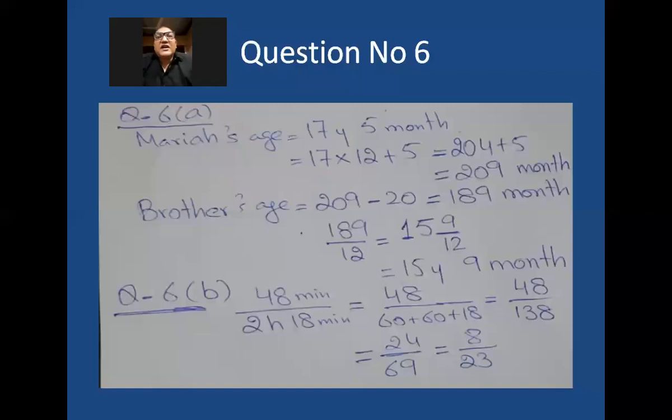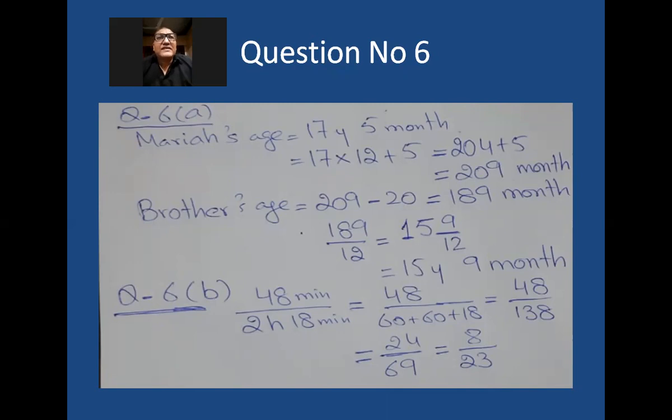You can simplify it with 2. So 48 divided by 2 will be 24, and 138 divided by 2 will be 69. And then you can simplify it with 3. You will have 8 divided by 23. So this question is easy.